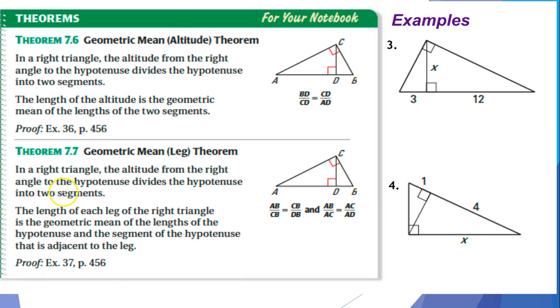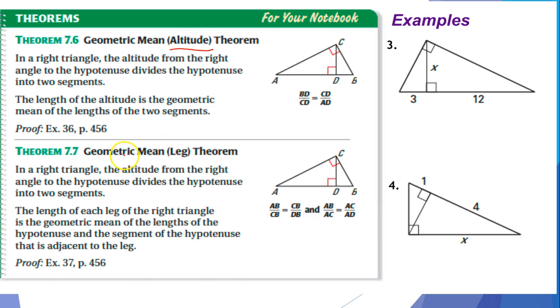Now, here are the theorems that I was referring to a little earlier. They're called geometric mean theorems. This one is called the geometric mean altitude theorem, and that is because you'll see that we are either given information, we know what the altitude is, or we're looking for the altitude. This theorem is going to help us find the altitude, or find another side of our triangle using the altitude.